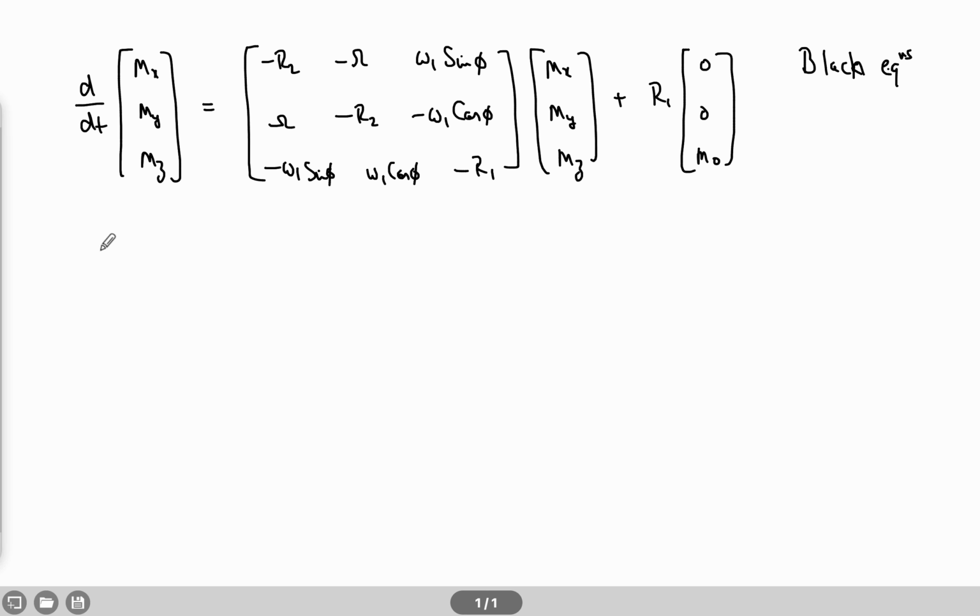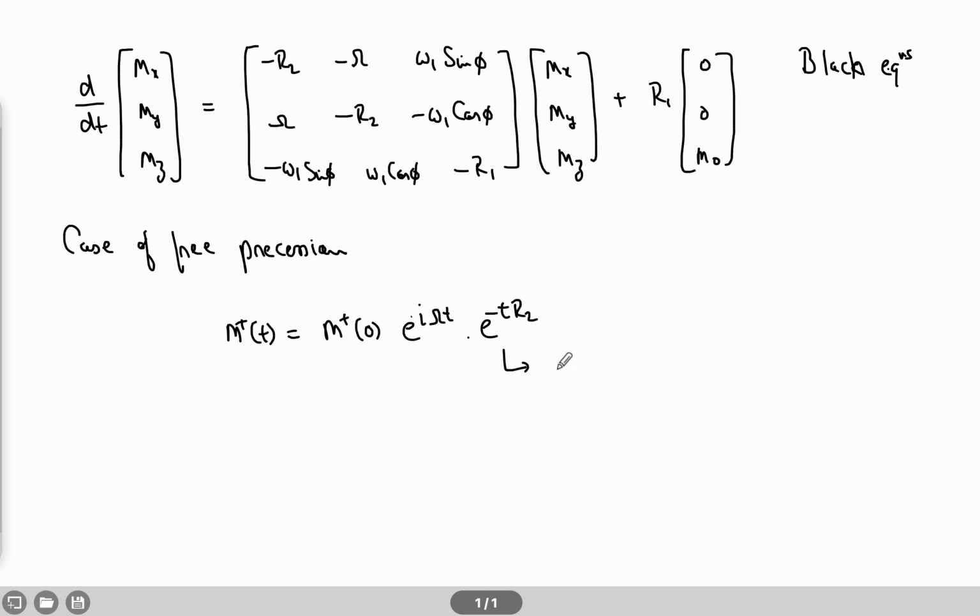Now we saw the case of free precession, where we saw that M plus of t is equal to M plus of 0, that is, magnetization at any given point of time is equal to the starting magnetization multiplied by e to the power of i offset t and e to the power of minus t R2, right?